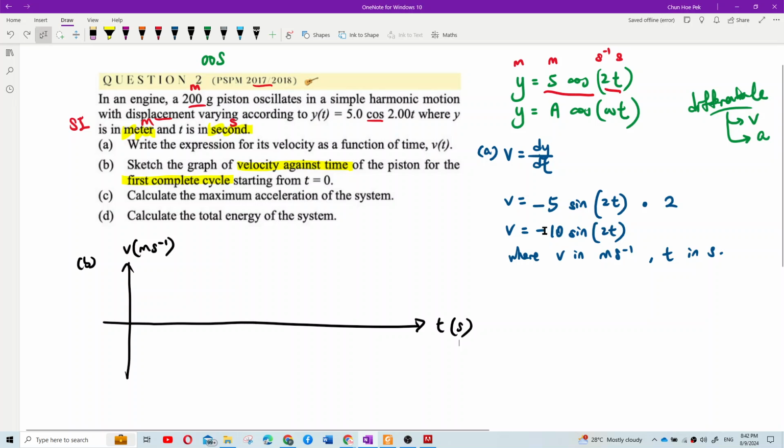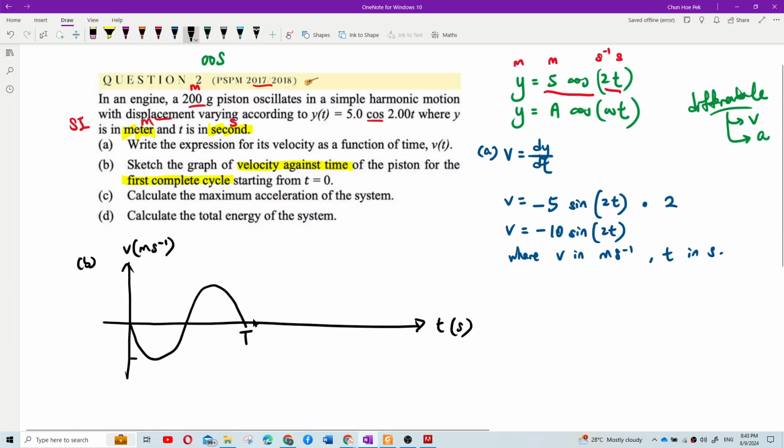So it's a negative sine graph. Velocity is a negative sine graph. So draw a negative sine graph. Kalau sine graph begini, negative sine graph terbalik lah. But he wants one complete cycle only, so just one period sahaja.